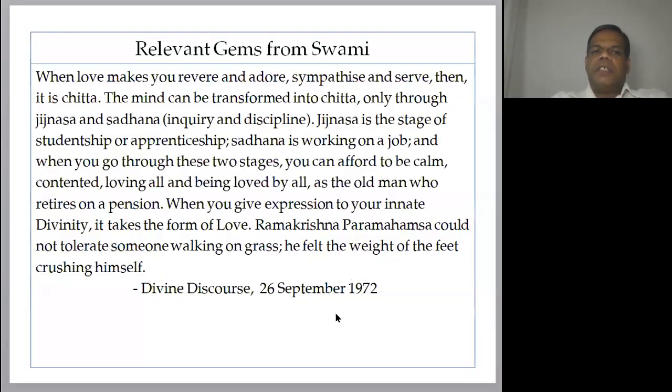As you can see, the real Chitravati is the mind without any thoughts. By the side of that, we should rest, waiting to see the Lord. And Swami has said, when love makes you revere, adore, sympathize, and serve, the Sevaka Jana. So our mind should be ready to serve.